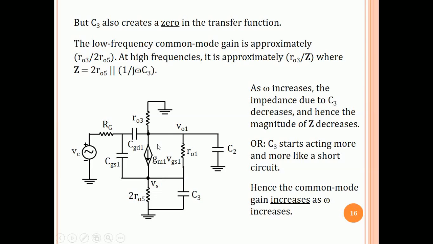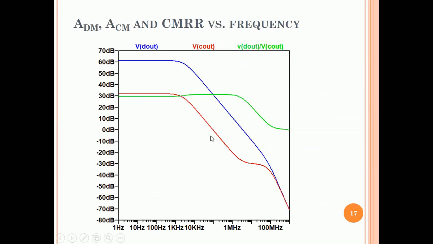So the effect here is there is a pole that is causing the common mode gain to drop, but this zero is preventing it from dropping, so that the overall effect is that the gain is somewhat constant. Then of course another pole is encountered, and so the common mode gain starts falling.